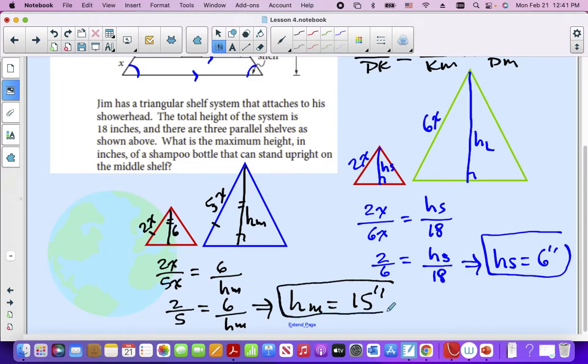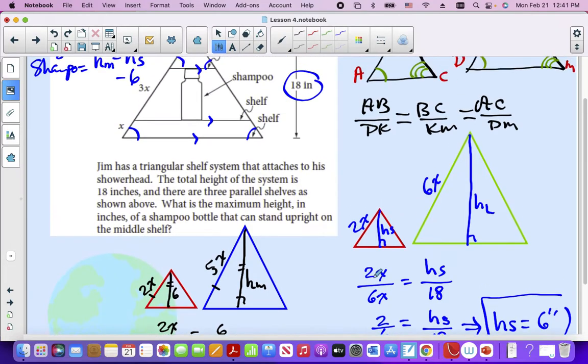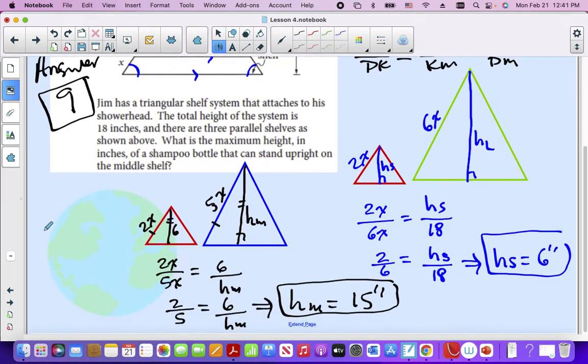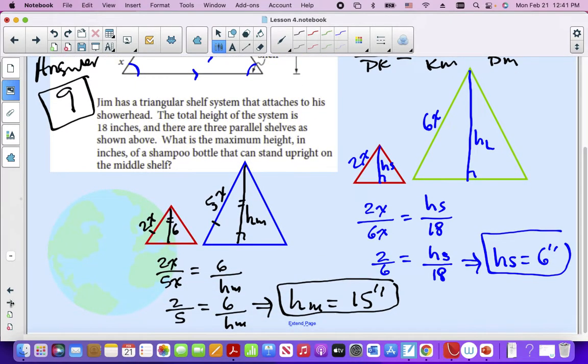So the height of the shampoo bottle should be 15 minus 6, which gives me 9 inches, the answer. So the answer for this should be 9, and you just grid it into the answer booklet.